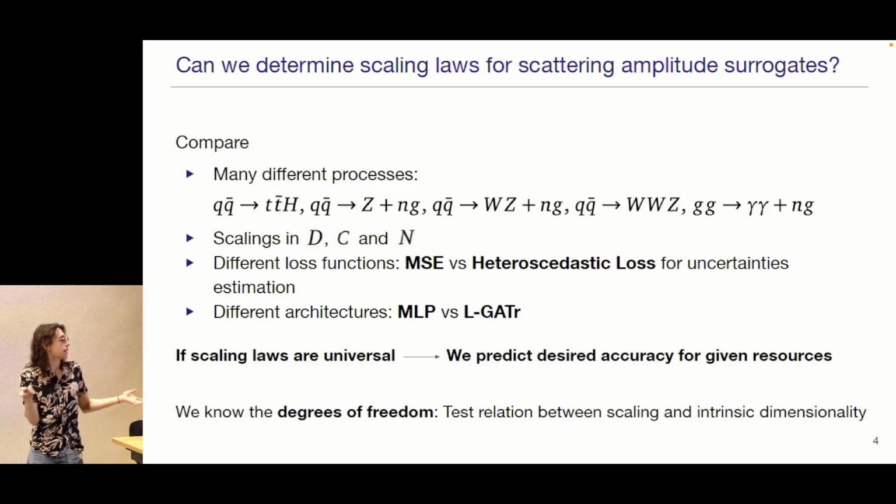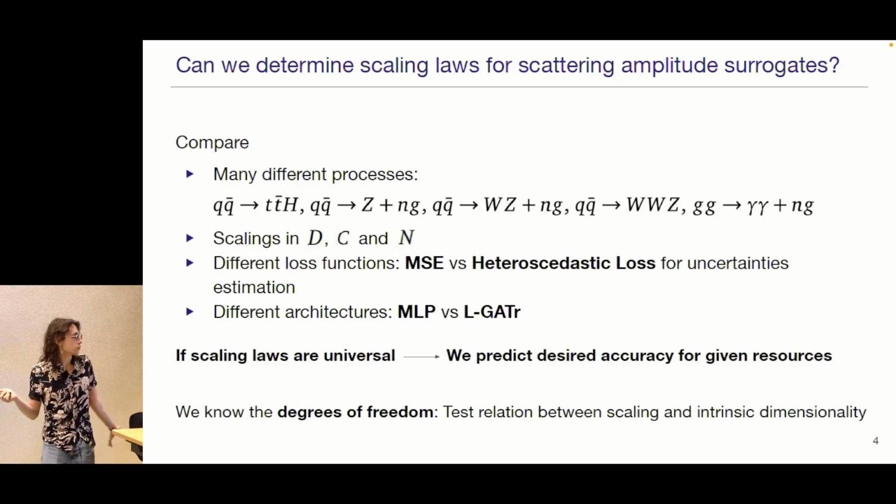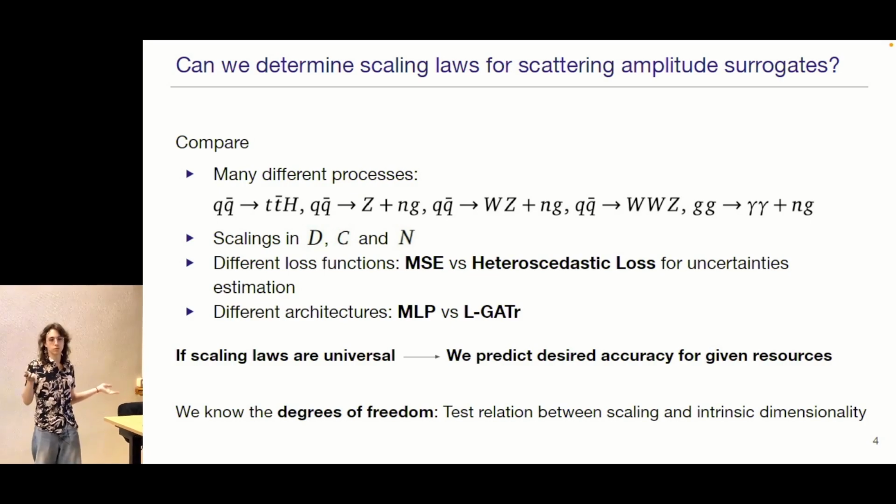If scaling laws are universal, we can reliably know beforehand how many resources we need to invest to get a desired performance, which is nice, because as long as the error you're committing by using machine learning is low enough that you can ignore it, then you're fine, and you can generate way less data and have scattering amplitudes for free.